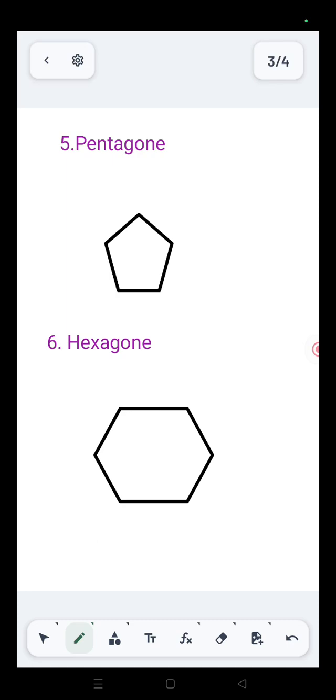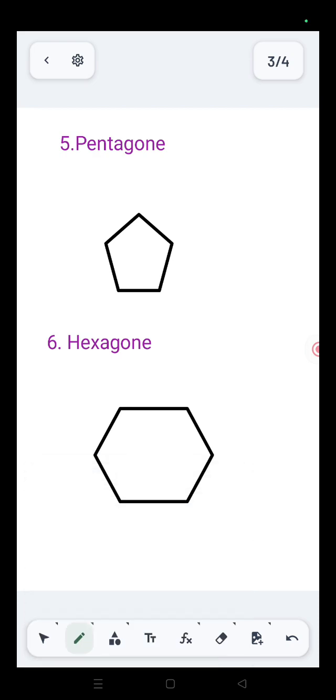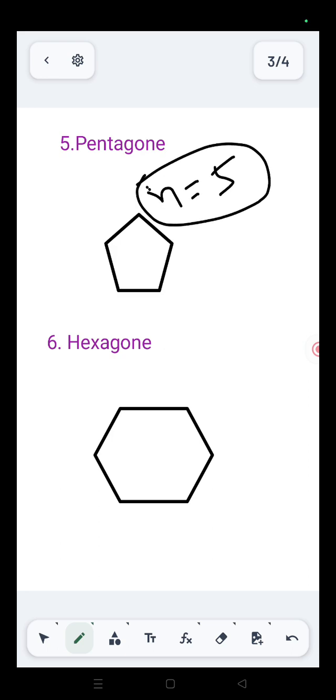So in this pentagon, the number of sides is 5. If we represent it with the small letter n, the value of n will be 5 here. So in a pentagon, how many sides are there? 5. Now the regular pentagon means all the five sides will be equal and all the interior angles will be equal.